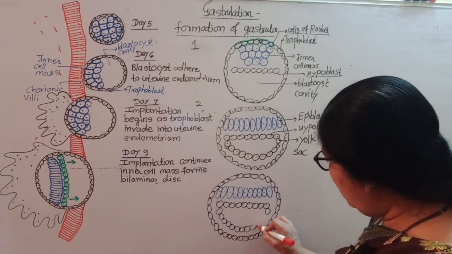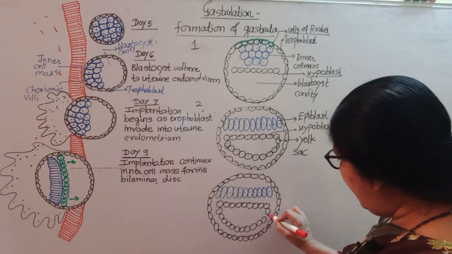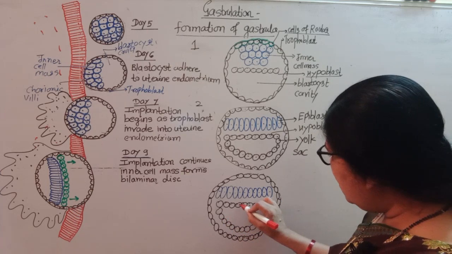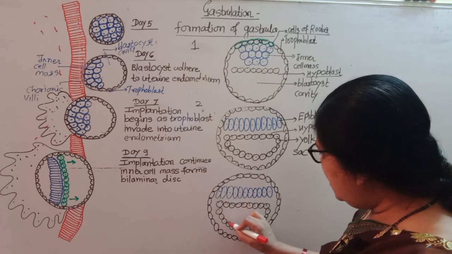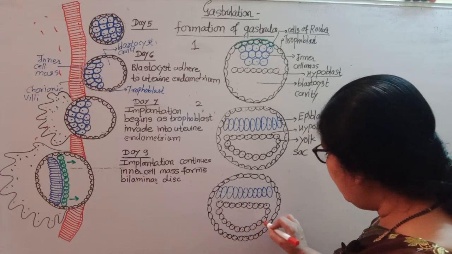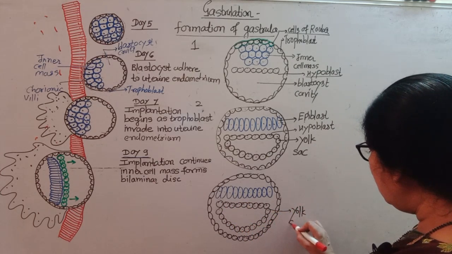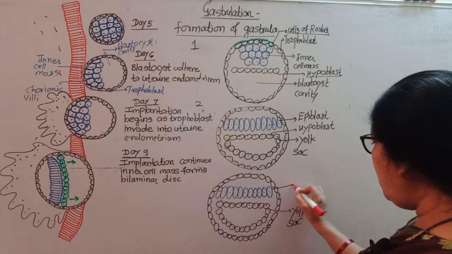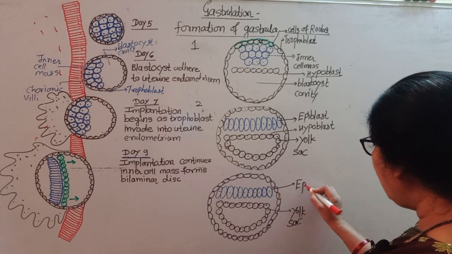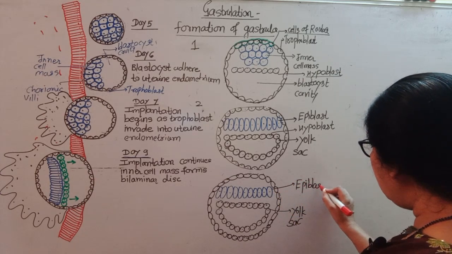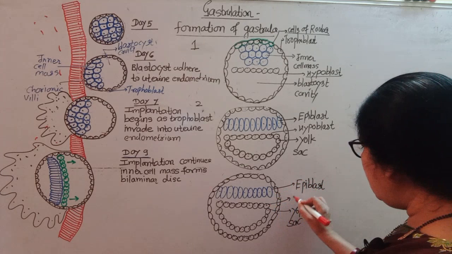They arrange inside the trophoblast and form a sac-like structure, and this is called the yolk sac. This is the epiblast, and this is the hypoblast.